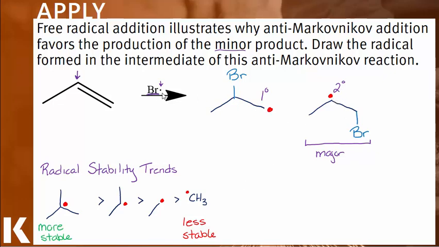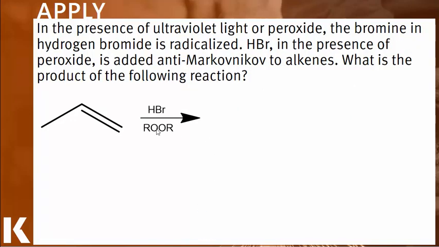Now let's take a look at the product that we would get with just a normal anti-Markovnikov addition. So instead of having just bromine by itself, we'll look at hydrogen bromide plus an indicator that we have anti-Markovnikov addition. So this ROOR, as soon as we see those two oxygens, this is our peroxide. And it tells us in the question stem that we favor an anti-Markovnikov addition.